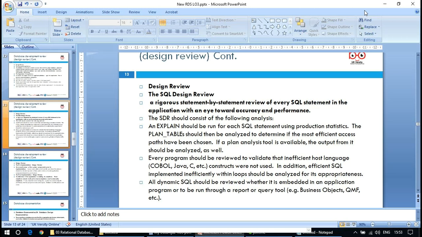But on a 1,000-employee database, it would make you wait 3, 4, 5, 10 seconds to give you the result. And 10 seconds in an enterprise database is not acceptable. You cannot accept it. Make sense or not? Yes. Would you accept it? So SQL is one of the core design reviews.